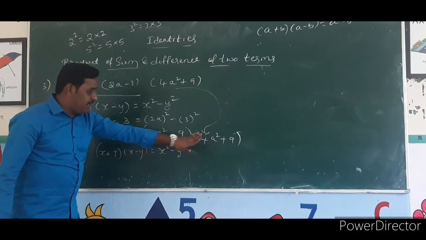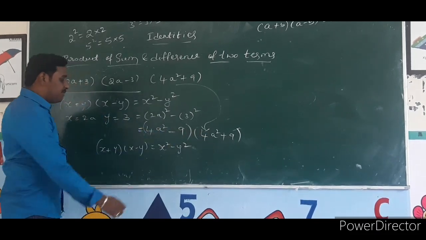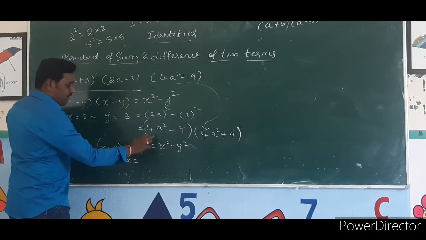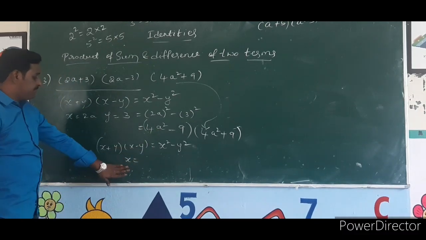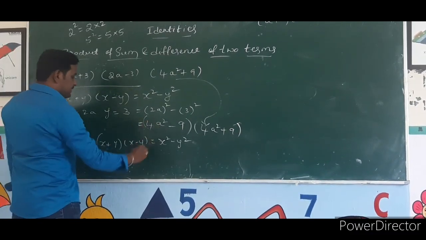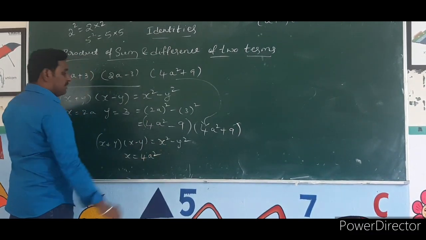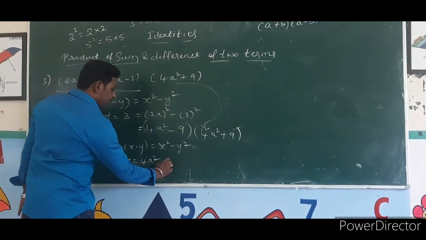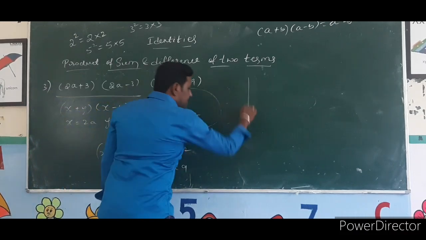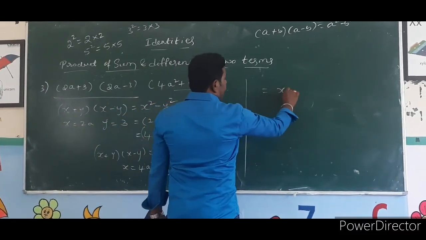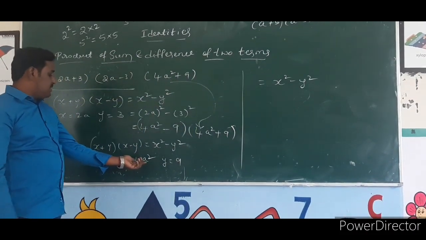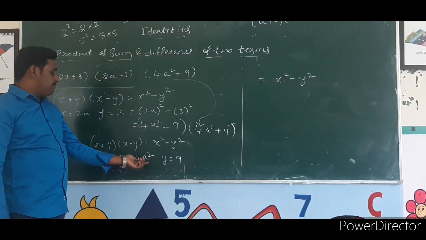You have to multiply these two. Now the values are changing. In the place of x, 4a² is there, write 4a². In the place of y, 9. So what is the formula? x² − y².